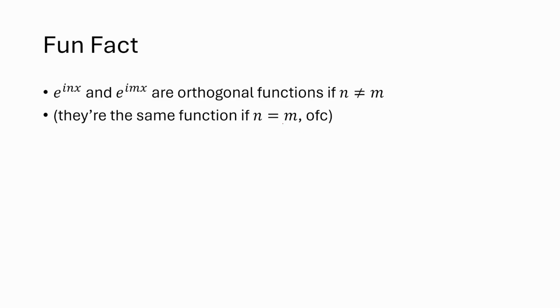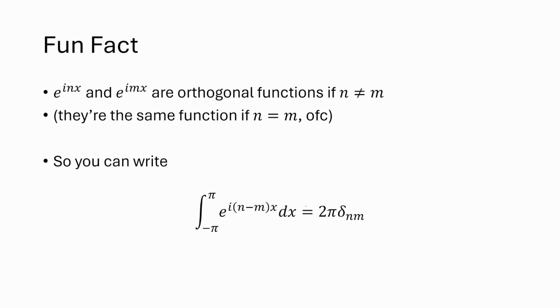And I also brought this up last time: if something is the same function as itself, it can't be orthogonal to itself unless it is literally 0, in which case, 0 times anything. So, fun little identity here. This is going to be one of the expressions where the Kronecker delta shows up.